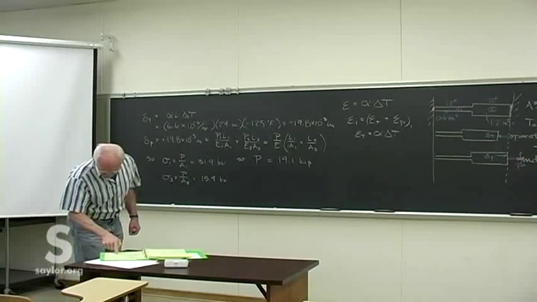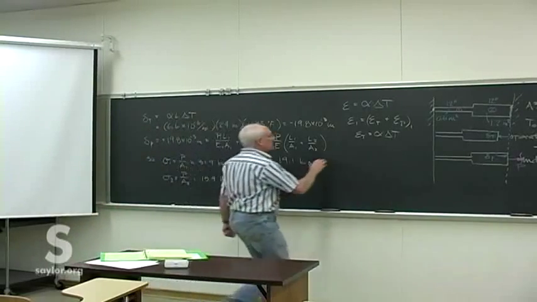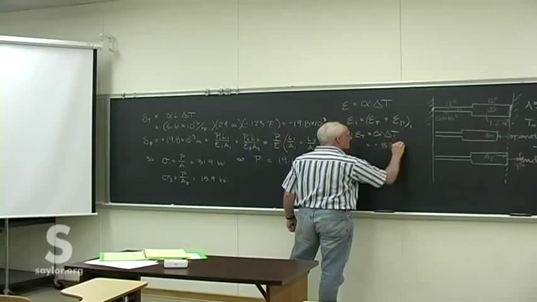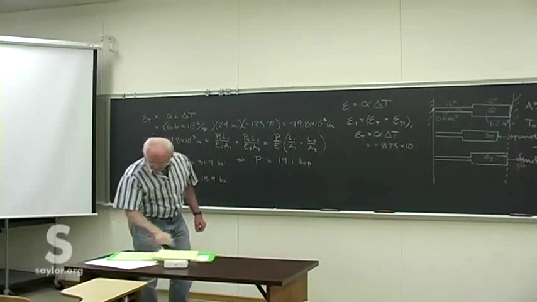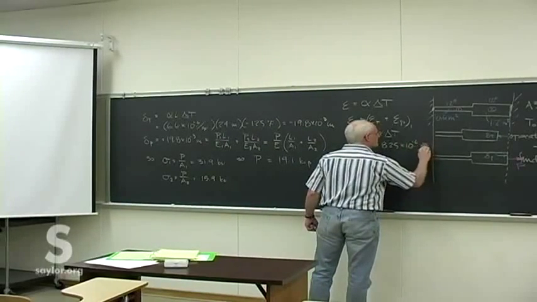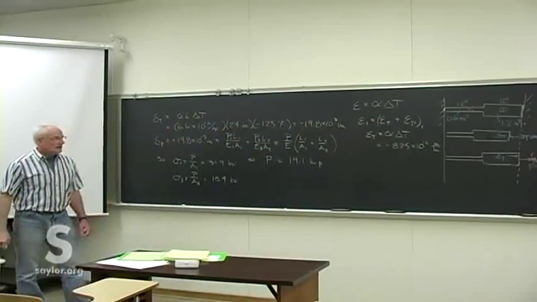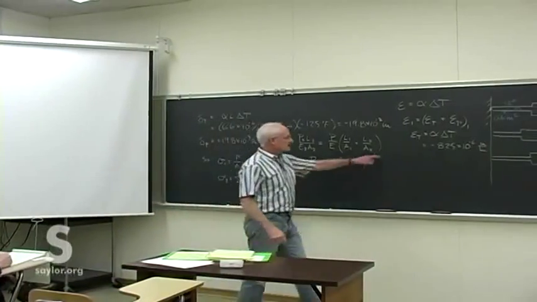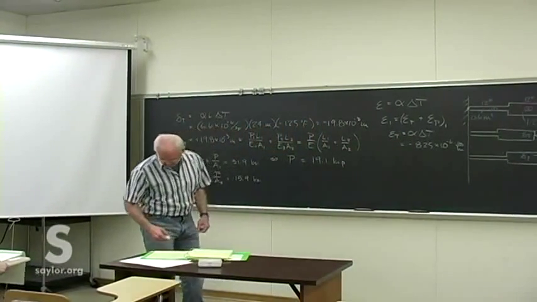And that comes out to be minus 825 times 10 to the minus 6th. And remember, strain is in units of something like inches per inch. And that's good for both of them because it has nothing to do with the area or the original length in that straight calculation.